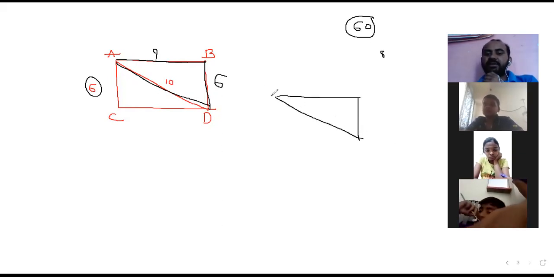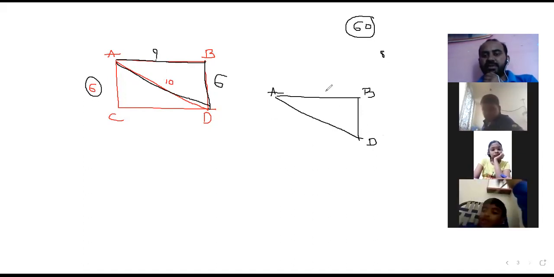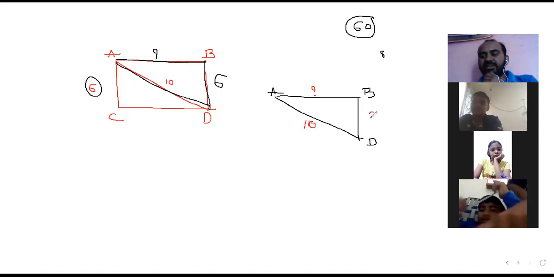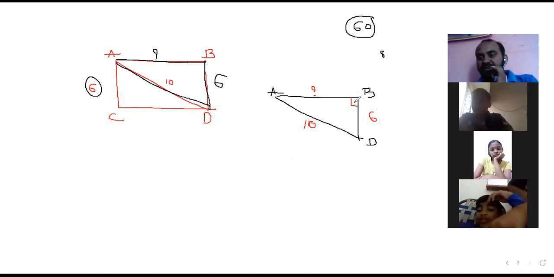According to the question, I have to find this. AD is 10 and this is 6. Now, in the figure, is this a right angle triangle or not? Yes, because here 90 degrees is there. Exactly opposite of the 90 degrees is what side? Hypotenuse side. This is the inclined line.